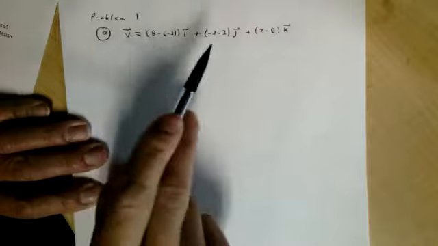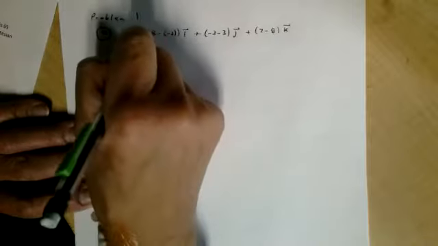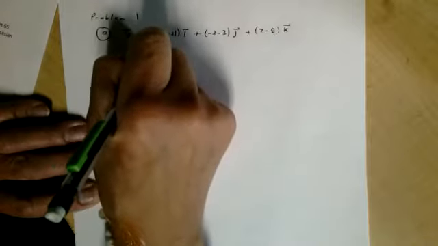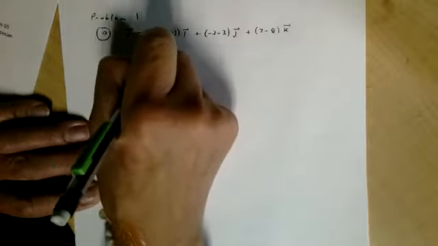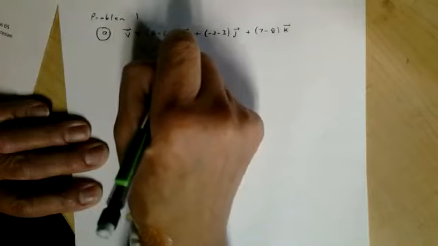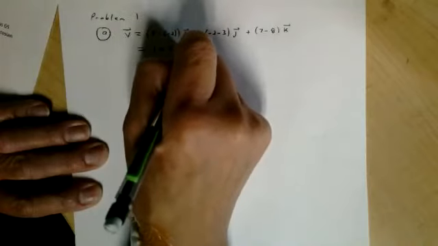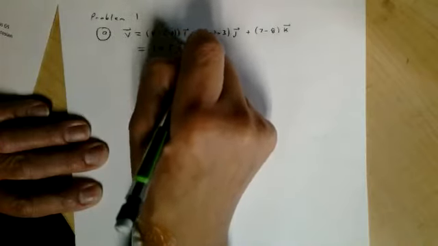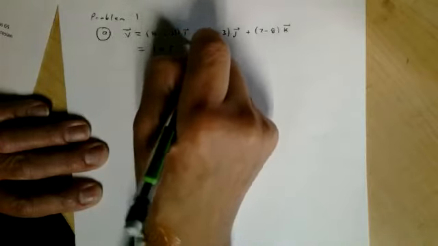So take the second point minus the first, and that's going to give you 10i minus 5j minus 1k.